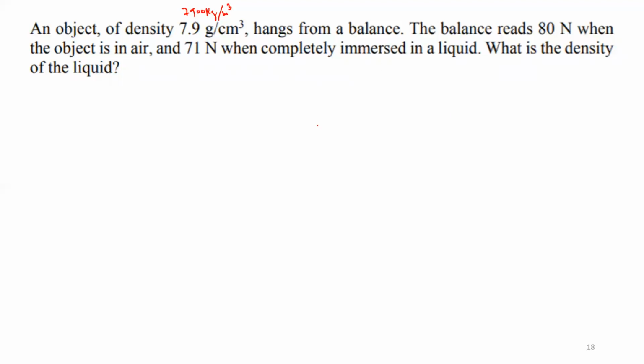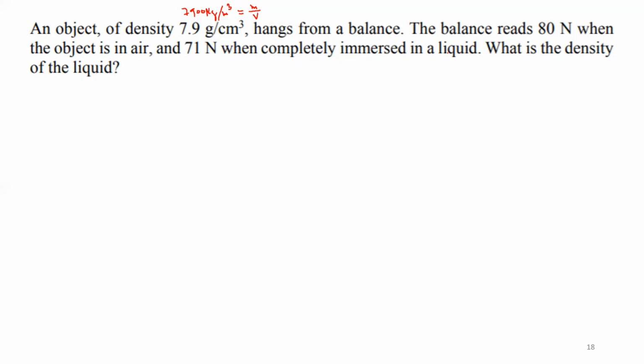It now hangs from a balance, and this density, of course, is equal to the mass of the object divided by the volume of the object. The balance reads 80 Newton when the object is in air, and 71 Newton when it's completely immersed in a liquid. What is the density of the liquid?